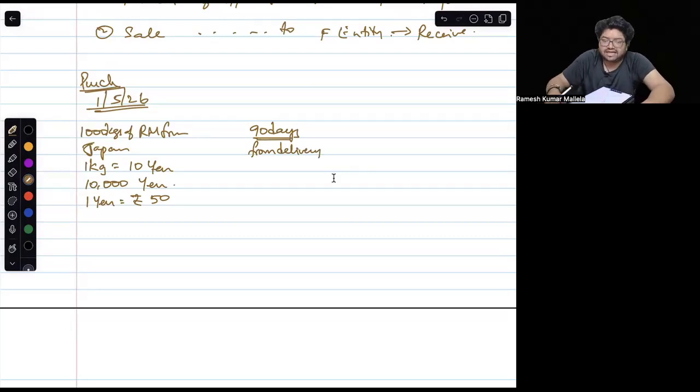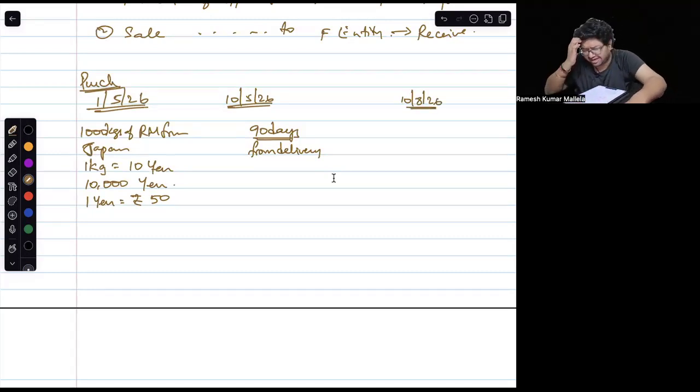I placed the order, and delivery happened on 10th of May 26, 10 days after the order. From 10th May I have to make payment after 90 days. Assume it is exactly 10th of June, July, August. I'm just assuming 10th August is my payment date.